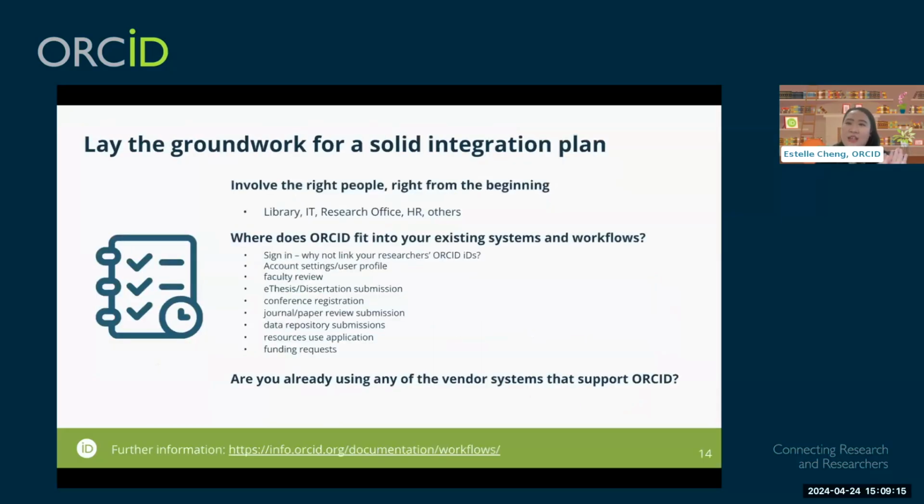Plan, like any project. You have some plans and then you do the implementation. So what are we going to do at this planning stage if you want a solid integration?